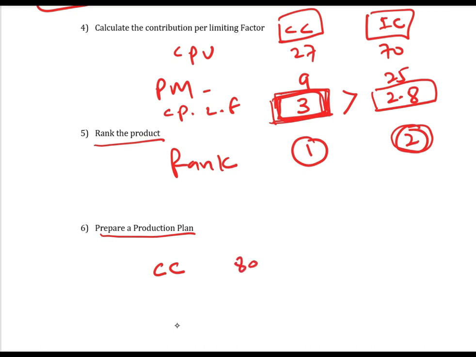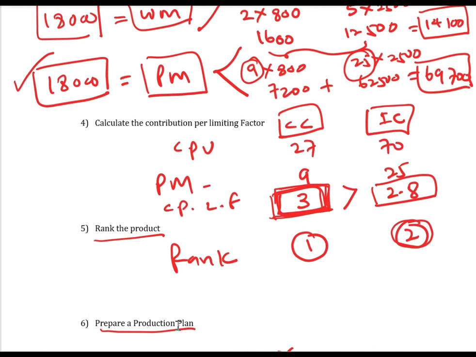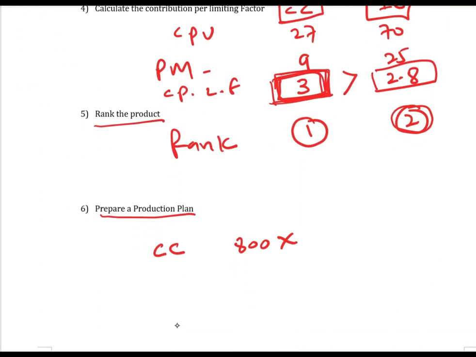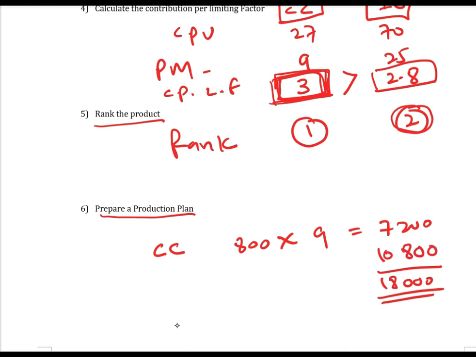It requires 9 minutes to produce each, which is 7,200. Now you have the total of 18,000. So what is the remaining machine hours? 10,800. This will be used for producing industrial cars.